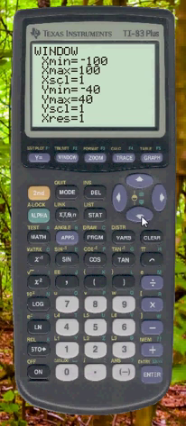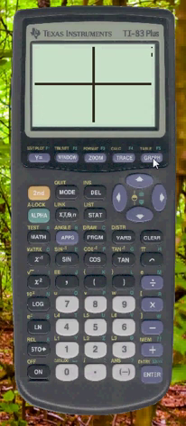And here I'll put for my Y minimum, negative 100, and for my Y max, I'll put 100 with the same scale. And now let's see what the graph looks like. Thinking over here, holy cow, that is ugly.